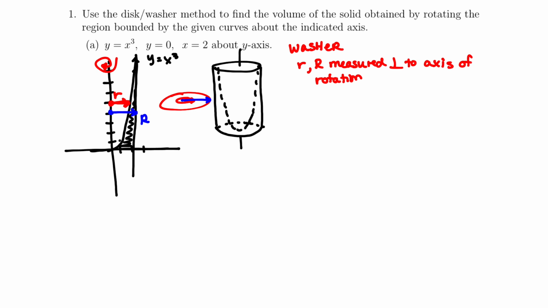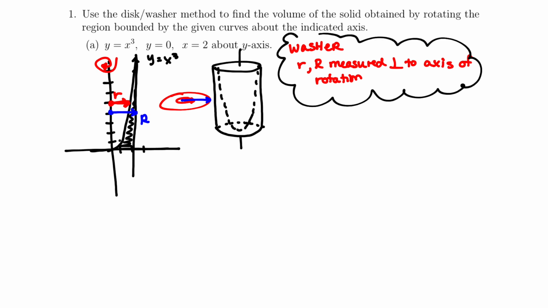But in any case, I need to set up my integrals, because otherwise I'm going to get it all wrong. So the very first step is to make sure I'm integrating perpendicular to the y-axis, which means I'm stacking them along it. What'd you get, Chase? dy, absolutely, dy.